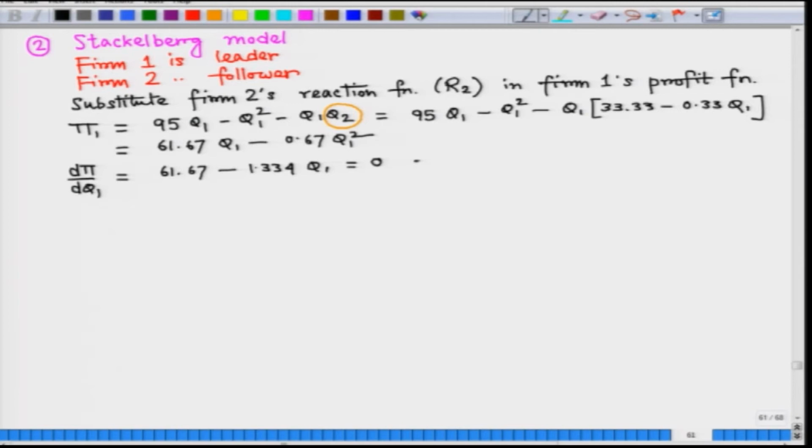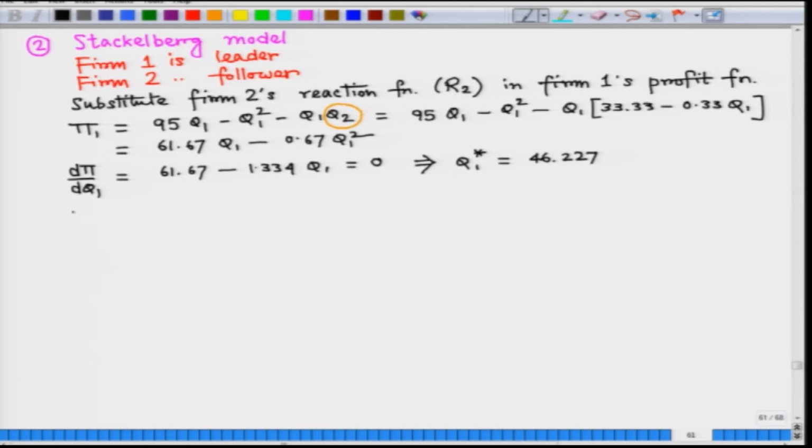So, this first order condition for profit maximization gives us a number which is approximately equal to this, right.